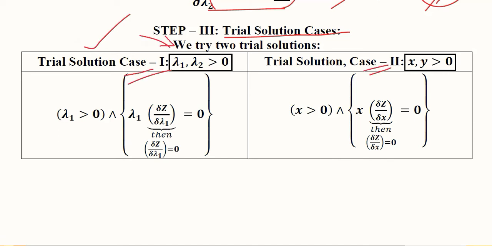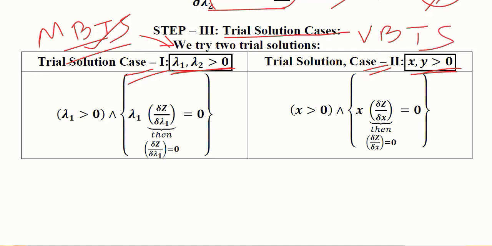For case 1 we assume that lambdas, that is the multipliers, are positive, and for case 2 we assume that the variables are positive. So we can say that this is the multiplier based trial solution, and this is the variable based trial solution.